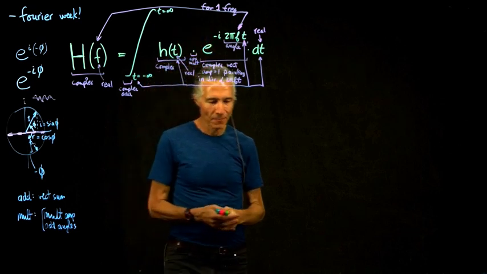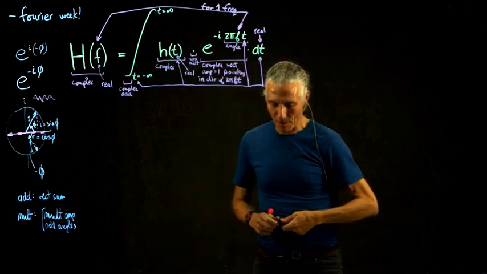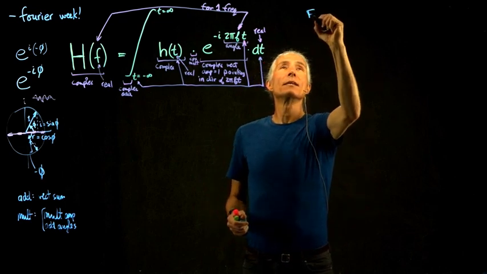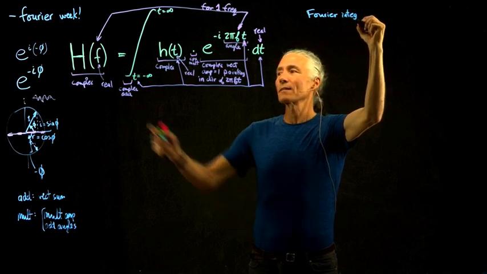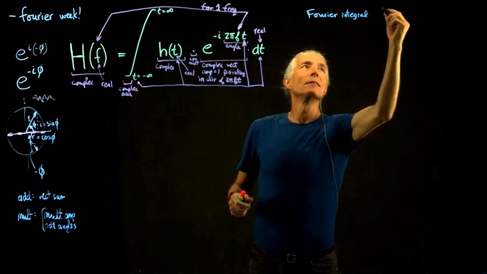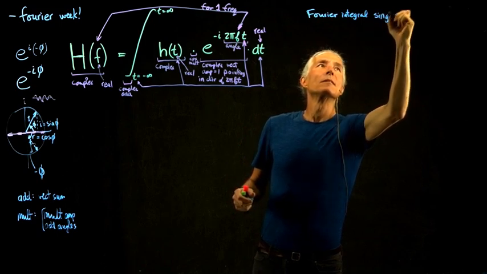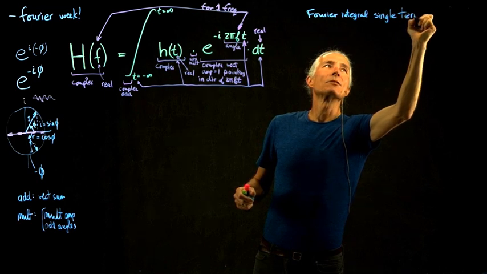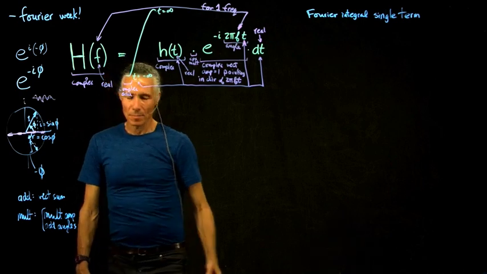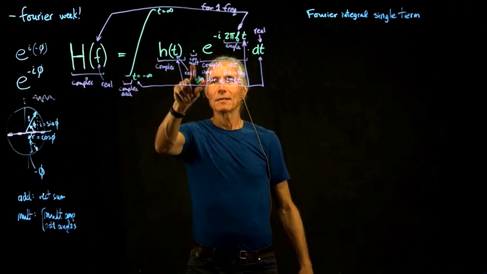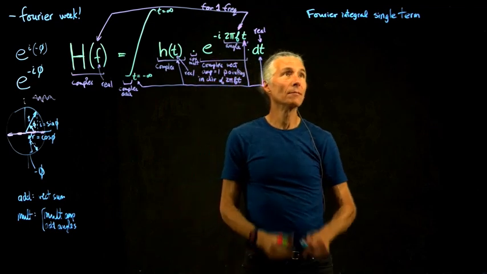So what is the Fourier integral single term? What multiplications do you have to do of real numbers, not complex numbers, real numbers, to calculate this complex multiply?